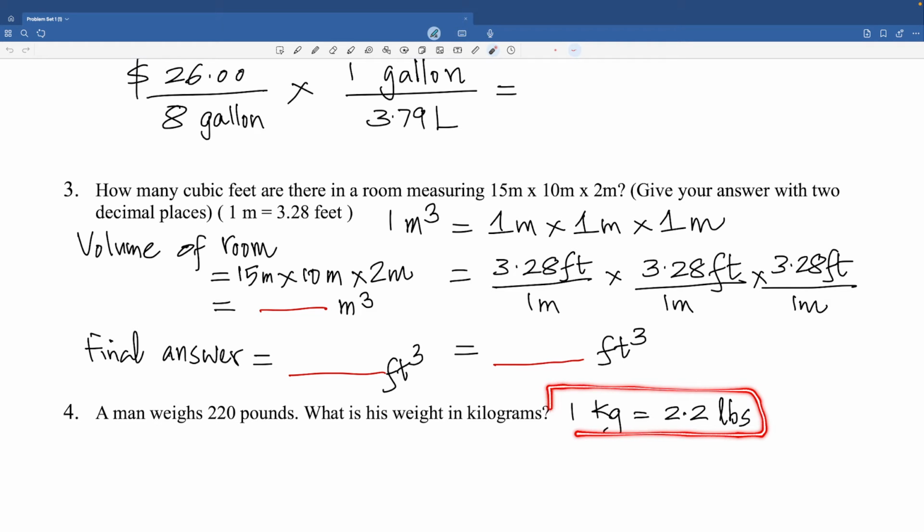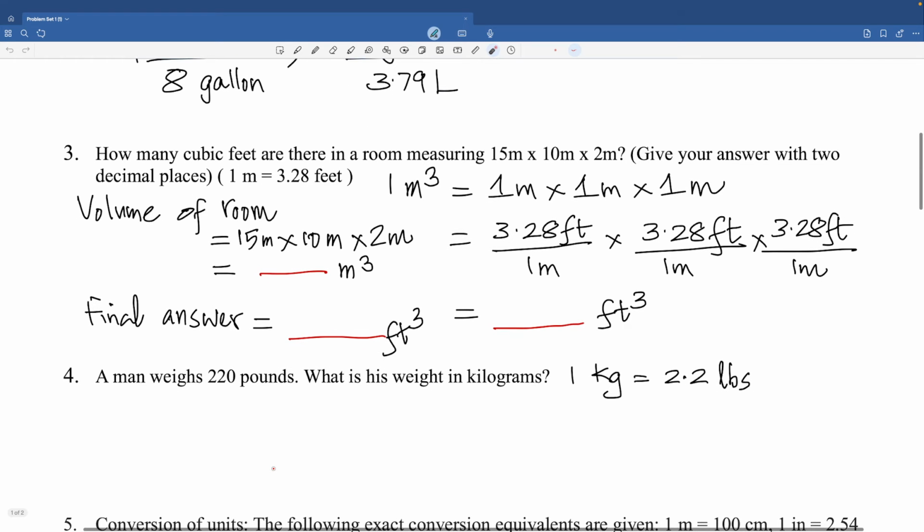It's not given here, but we must know. 1 kilogram is 2.2 pounds. So knowing that, in one step you should be able to convert 220 pounds into kilograms. So I'm not showing that here. Just one step. I hope you will get that. Surely the answer is going to be less in kilograms. I mean less than 220, okay?